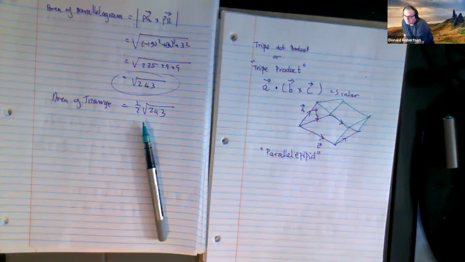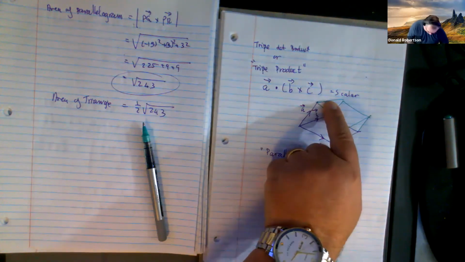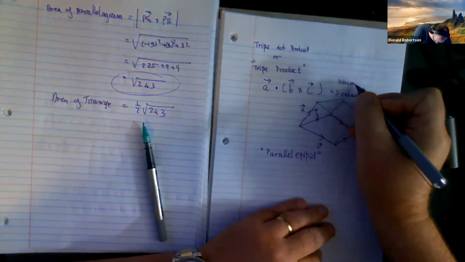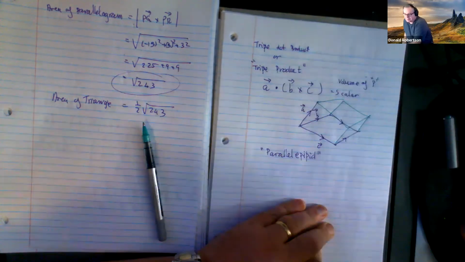Here's parallelepiped. I mean, it sounds like it should be in Lord of the Rings somewhere, right? If you're not a Lord of the Rings aficionado, okay. This scalar product is actually the volume of, I'll just call it P because I don't have enough room to write parallelepiped.